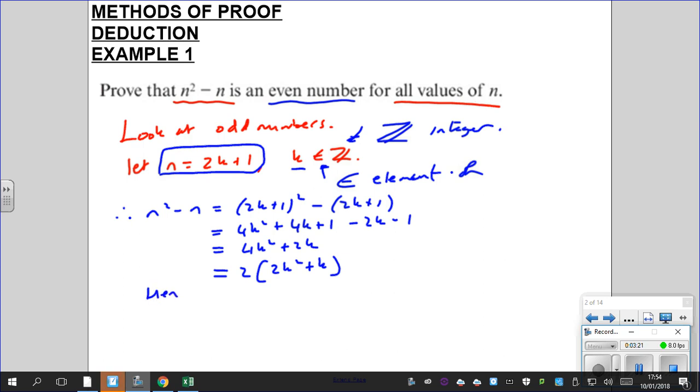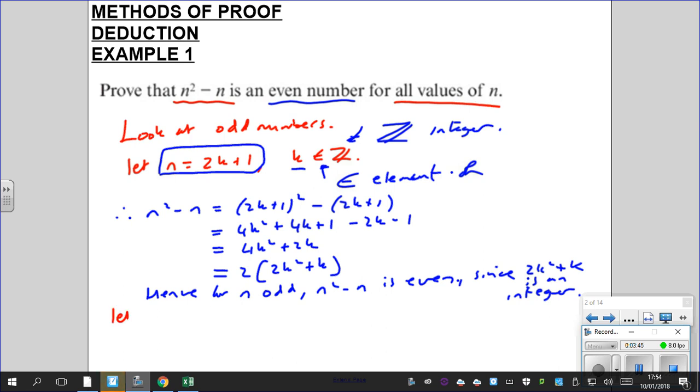So hence, for n odd, n squared minus n is even, since 2k squared plus k is an integer. Fantastic. Now we've done the odds, but we need to do the evens.